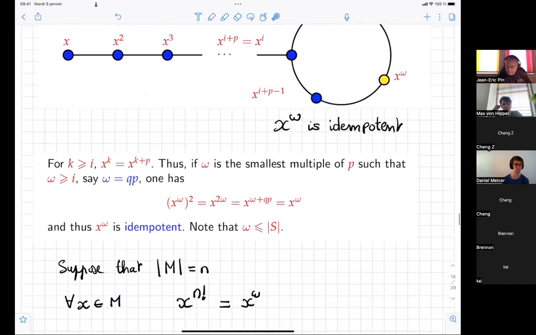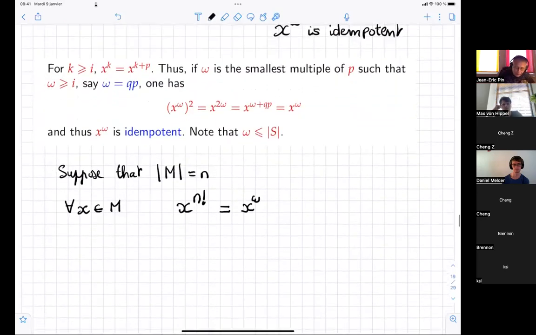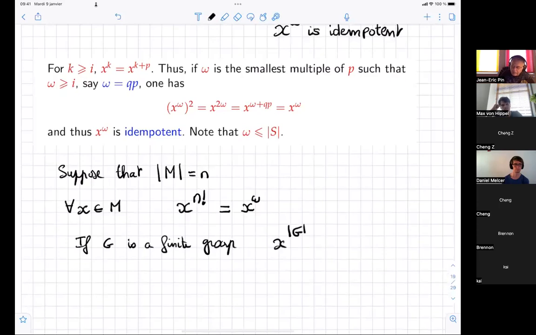So if you are in a group, what I'm using here is that if G is a finite group, x to the power of the size of G is the identity of the group. You know this.